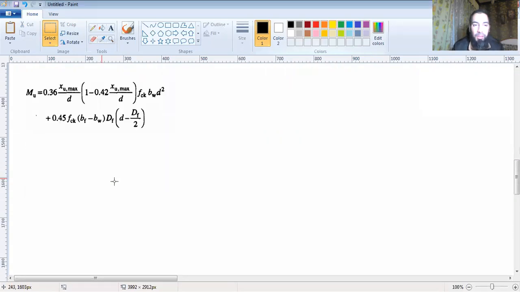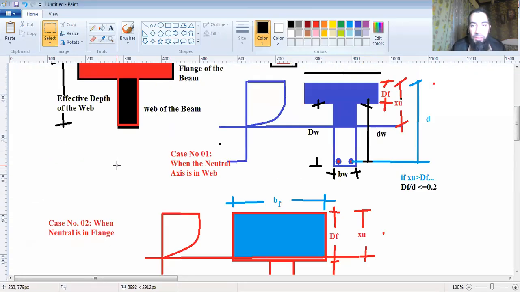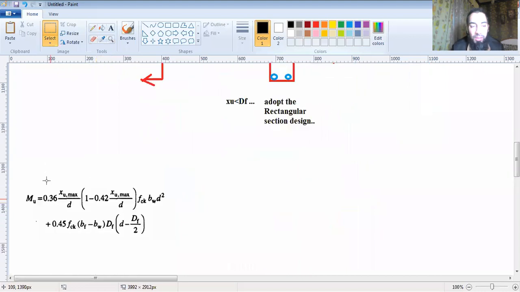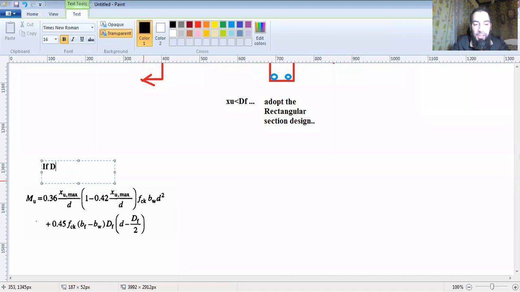Now your equation is this in the case of Df by d less than or equal to 0.2. For Df by d less than or equal to 0.2.